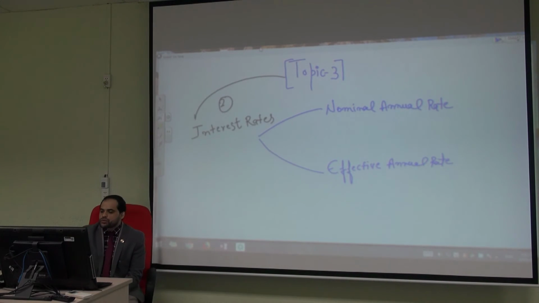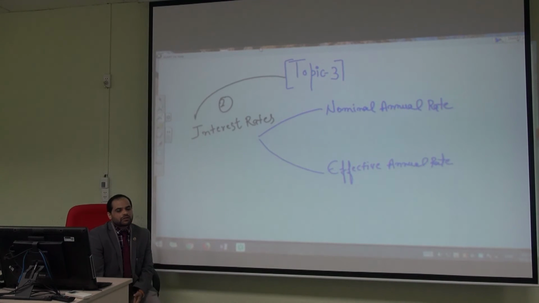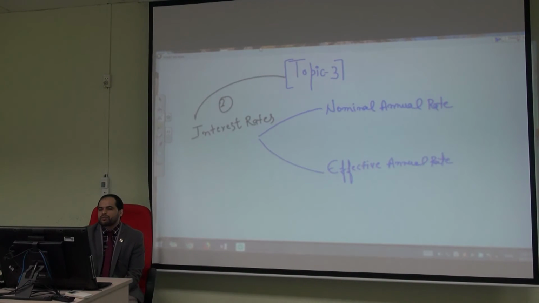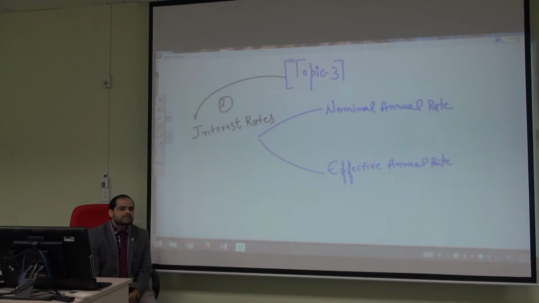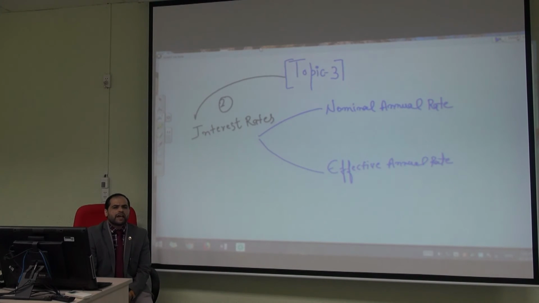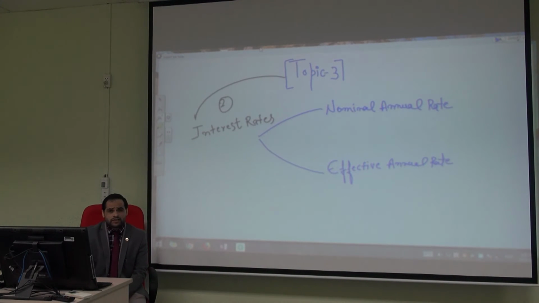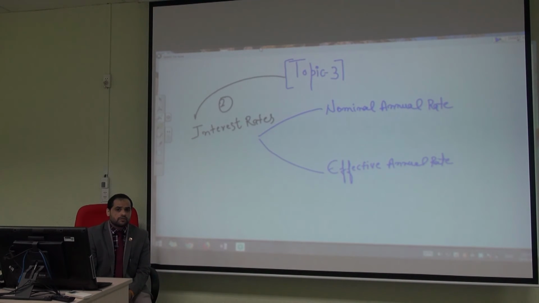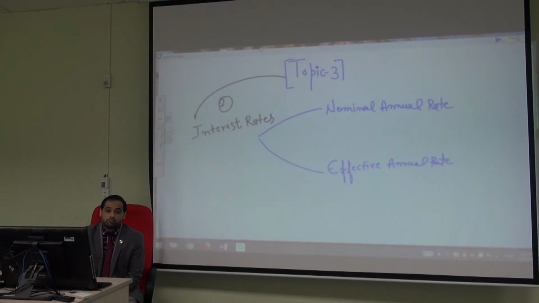So we're not going to learn the calculations of the nominal annual rate, because there are different factors and reasons behind the state bank determining the annual rate. That topic you're probably not going to study in this syllabus, because it belongs to banking and financial institutions.